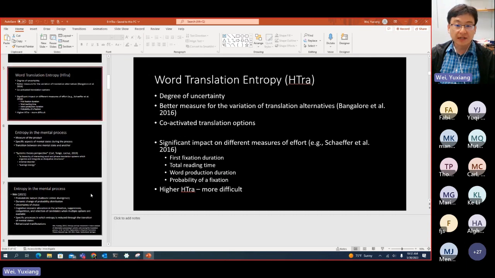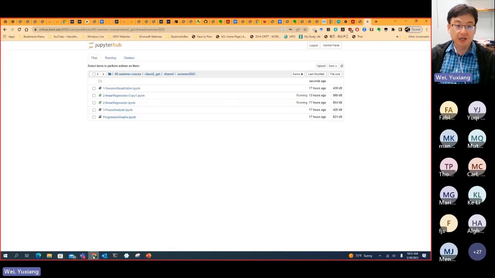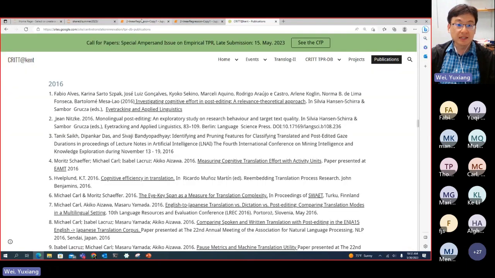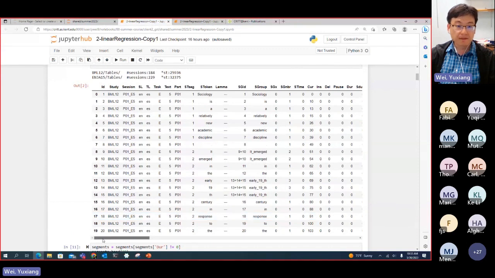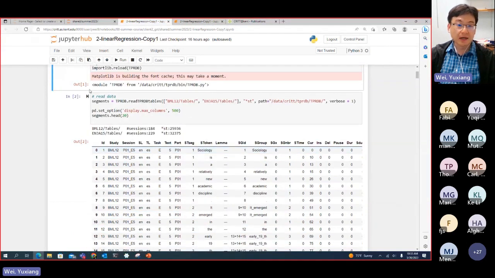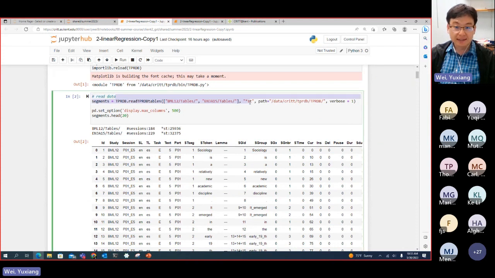So one metric is called word translation entropy, denoted by HTra in the CRITT database. Now, before I describe what it means, let me briefly show that the HTra value is in the ST table. If we read the table, this is very similar to what we saw last Friday, but now we're reading the ST table instead of the segments.